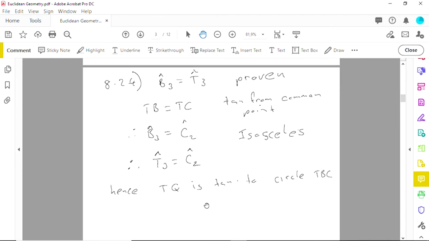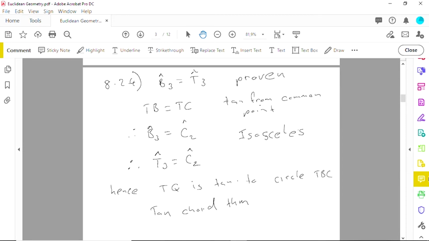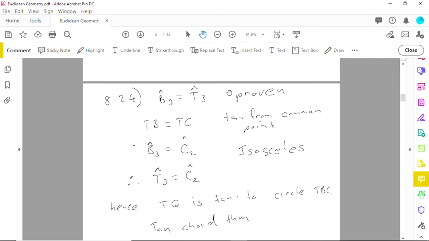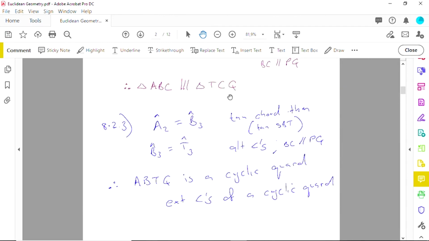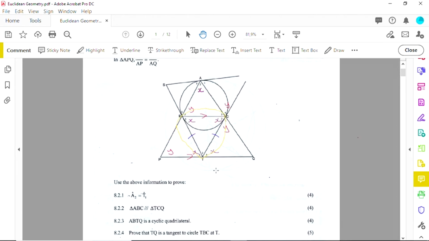And the reason for that is the tan chord theorem. And we are done. Tan quad theorem.